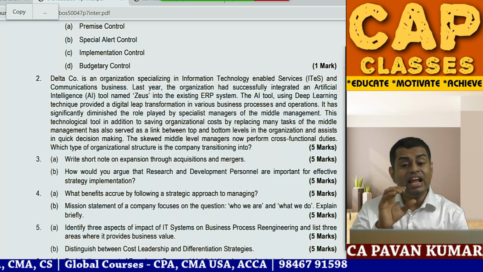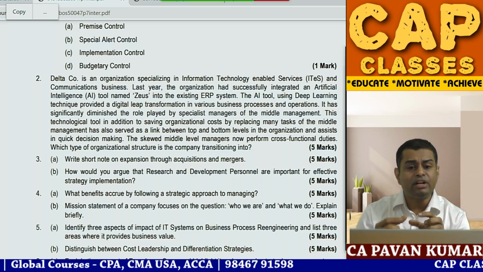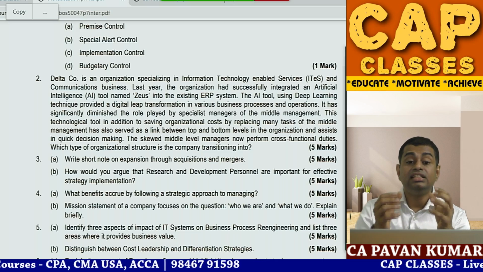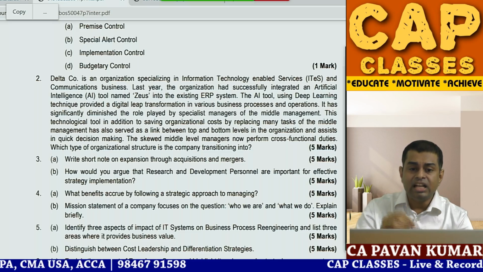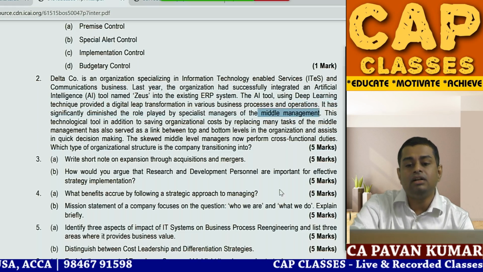The AI tool, using deep learning technique, provided a digital leap transformation in various business processes and operations. It has significantly diminished the role played by specialist managers in the middle management.